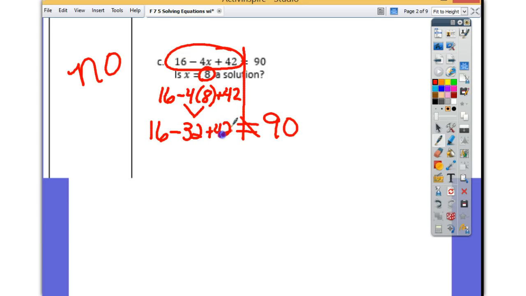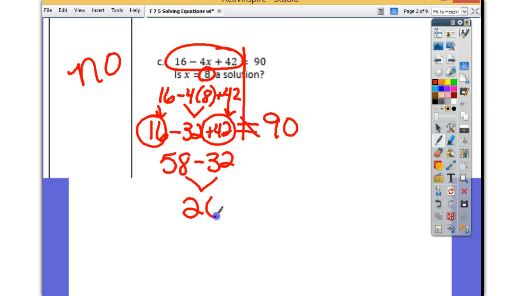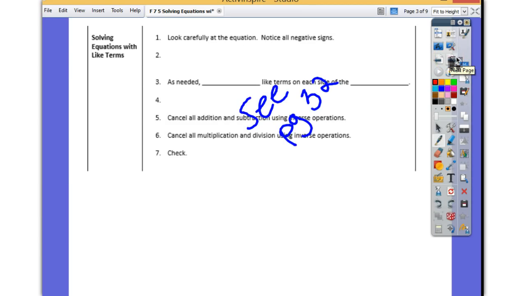Plus 42, bring that down. Now I'm going to put my like terms together. What is 42 and 16? 58. Minus 32 is what? 26 does not equal 90. So no, 26 does not equal 90. All right, these are just the steps that we've been going through, same as on page 32 of your notes where they're all filled in.